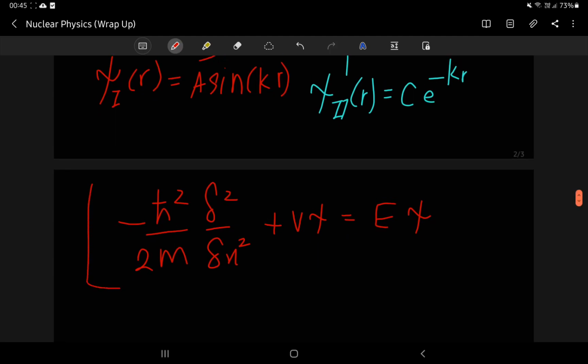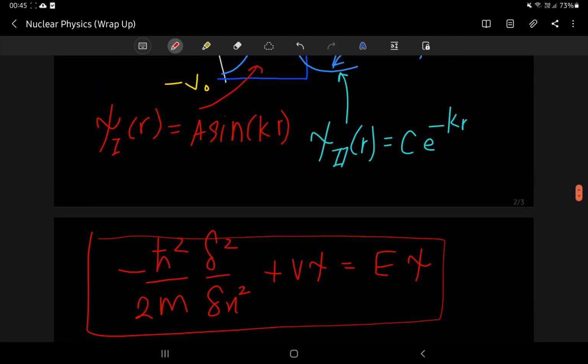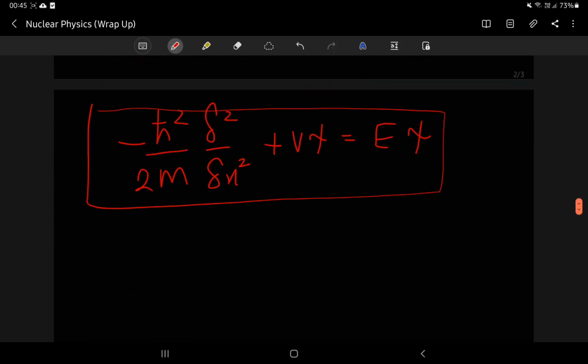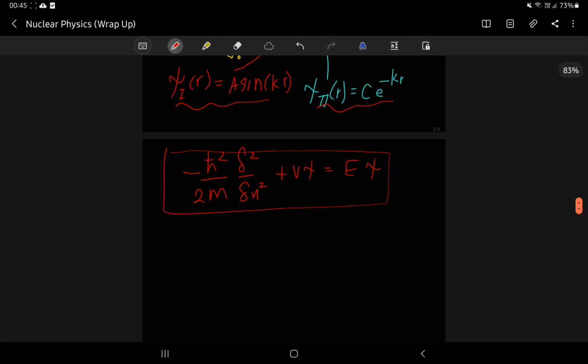If you solve this, you already get the solution, which is this and that, and then just a matter of substitution.